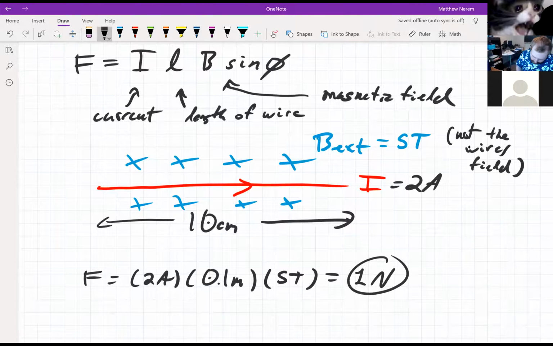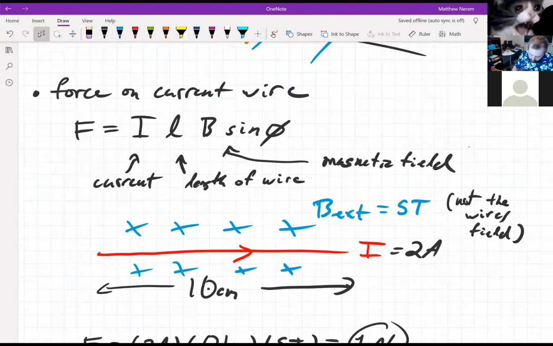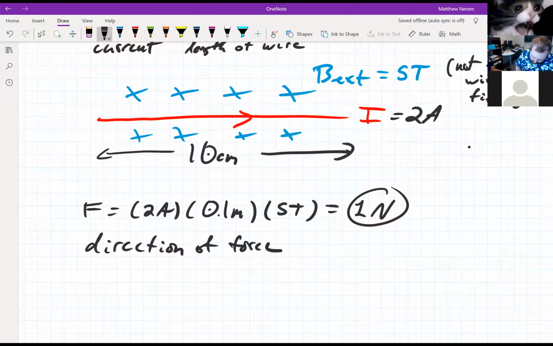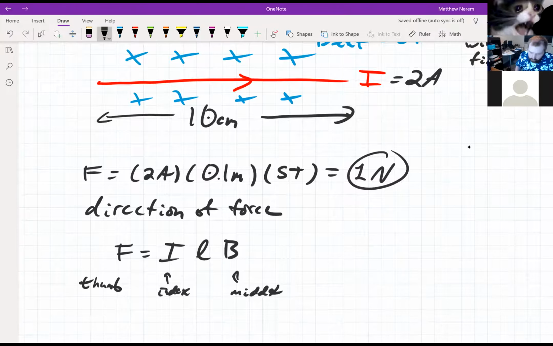Right, but direction. Direction of force. Here, I'll write the expression again. F equals I L B. There's your thumb, your index, and your middle finger.